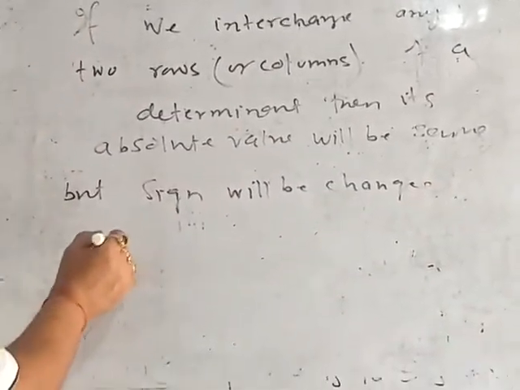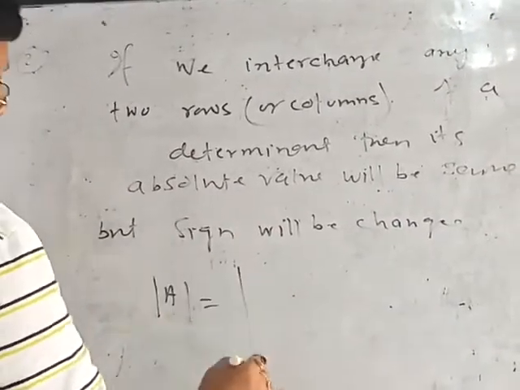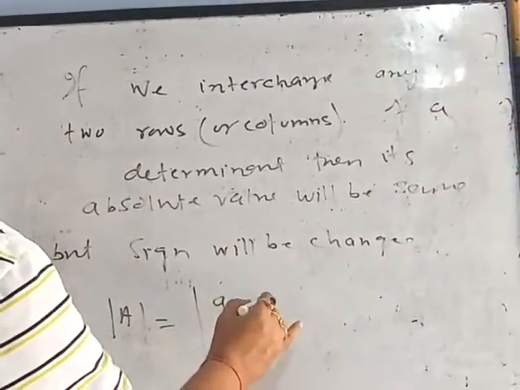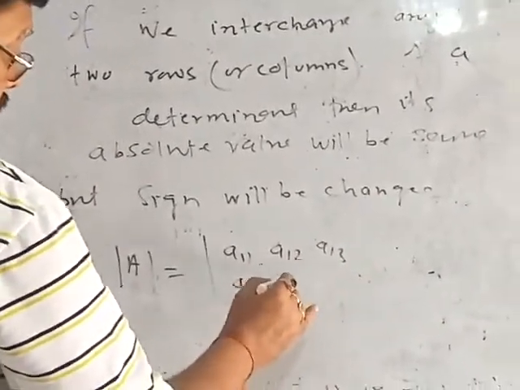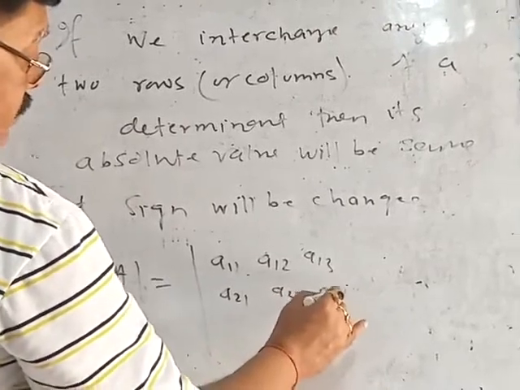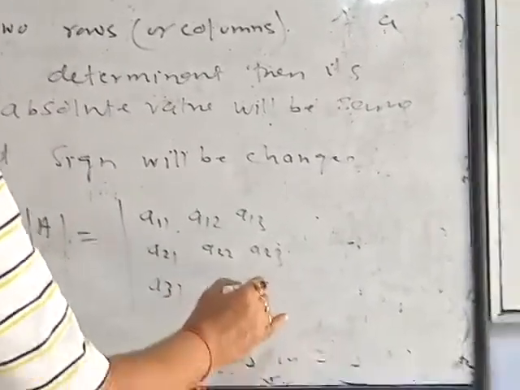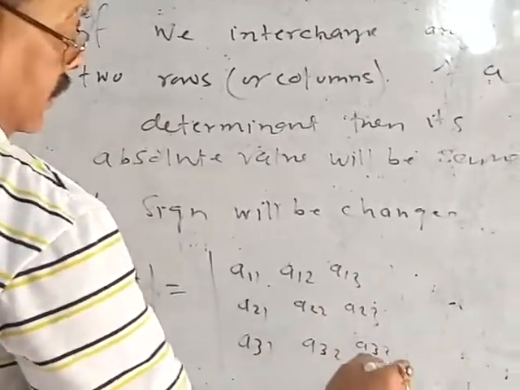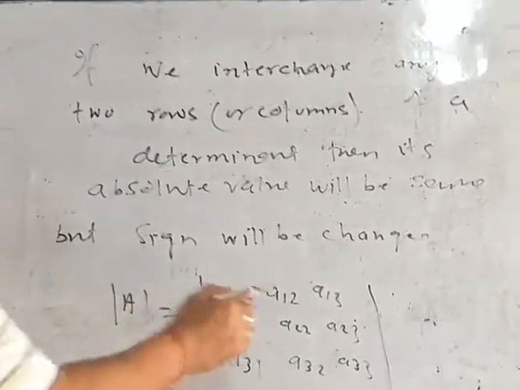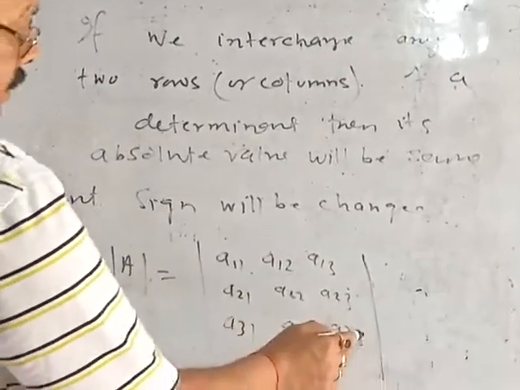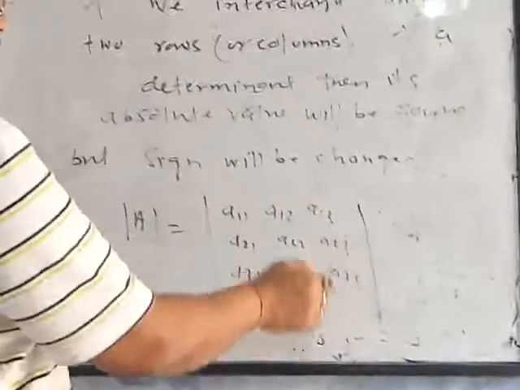So if I take an example determinant A11, A12, A13, A21, A22, A23, A31, A32, A33. It is a determinant of order 3. It is R1, R2, R3, and column 1, column 2, column 3.